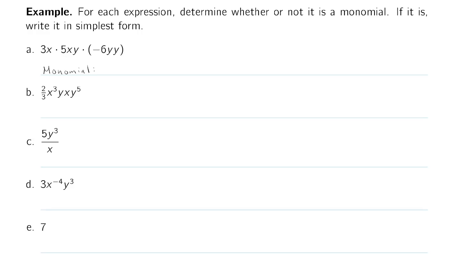Its simplest form? Well, let's use the associative and commutative properties to put all of the numbers together. We'll have 3 times 5 times -6. And then we'll put all of the x's together. That's 2 of them. And then we'll put all of the y's together. We'll have 3 of them.